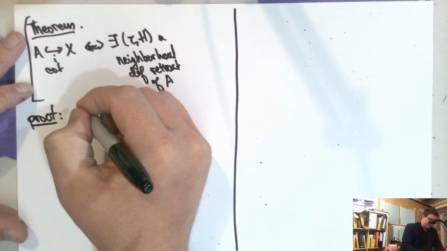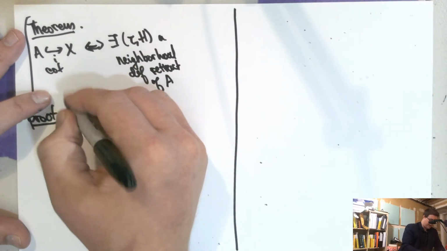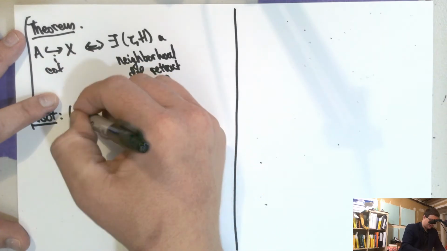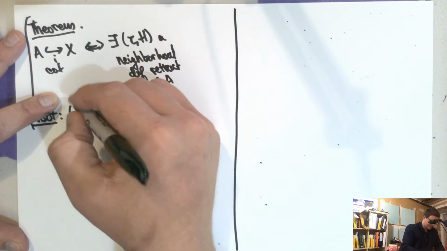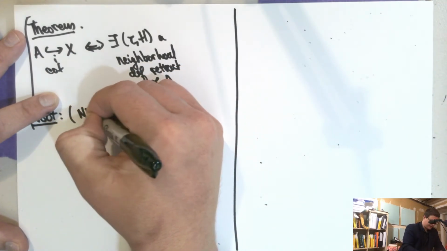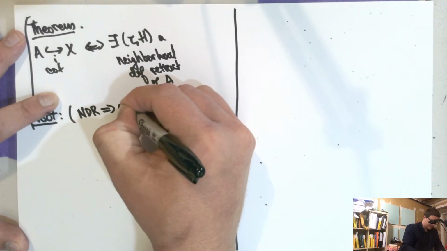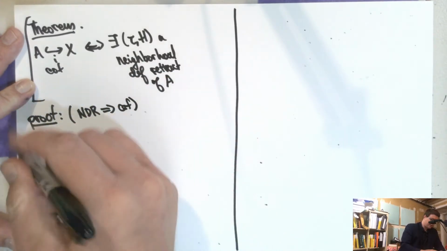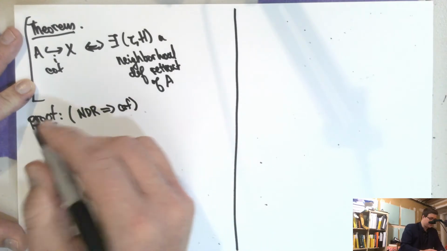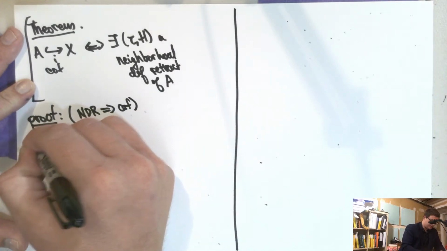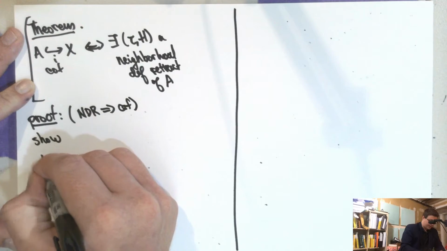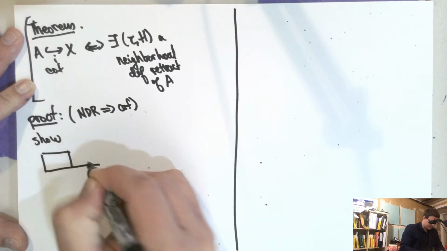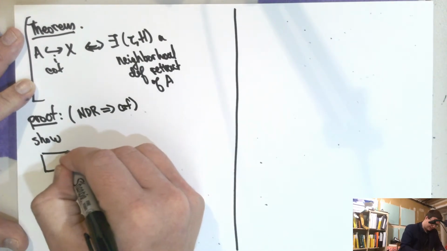And I'm going to show that this thing here, so the neighborhood deformation retract, implies that it's a cofibration. Okay, and so what we'll do is we're going to exhibit a contraction here. Oh, sorry, like this.